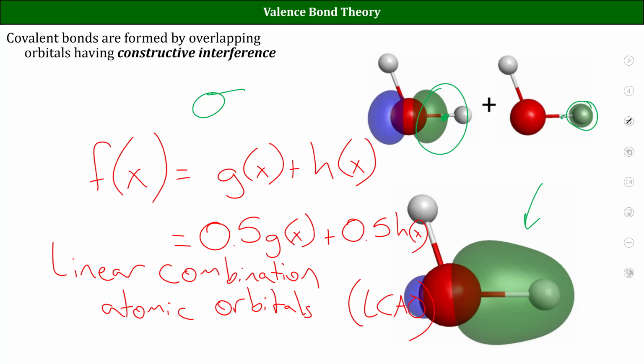That's not going to be that important; I'm not going to test you on what that term is, but just this concept of taking these different functions that each represent an orbital and mixing them together. That's kind of the key for how bonds form in general and what they look like.